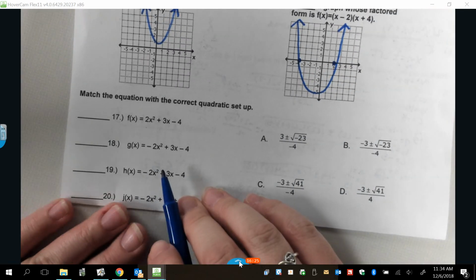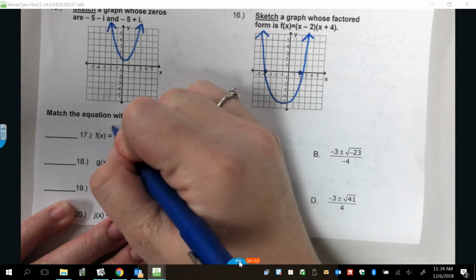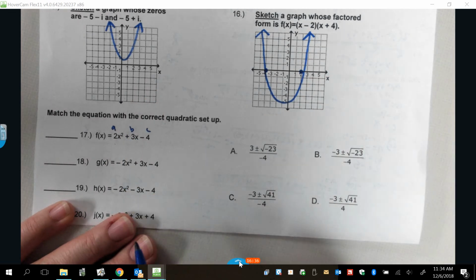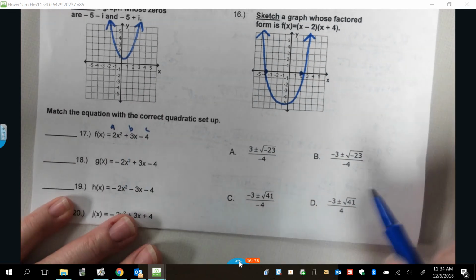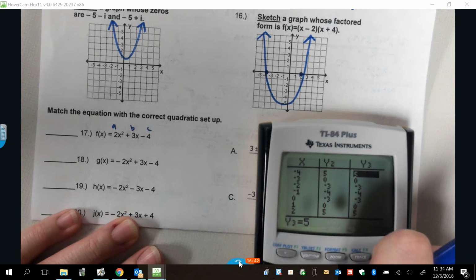Here, match the equation with the correct quadratic formula. Okay. Well, a is 2, b is 3, c is -4. So I know the opposite of +3 is -3. So this is going to be either B, D, or C. So let's look.